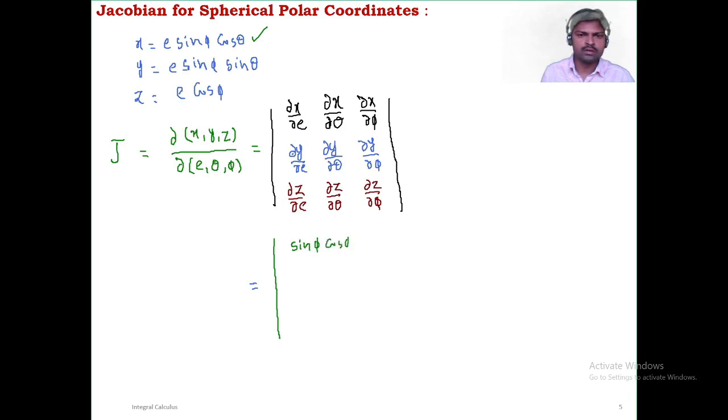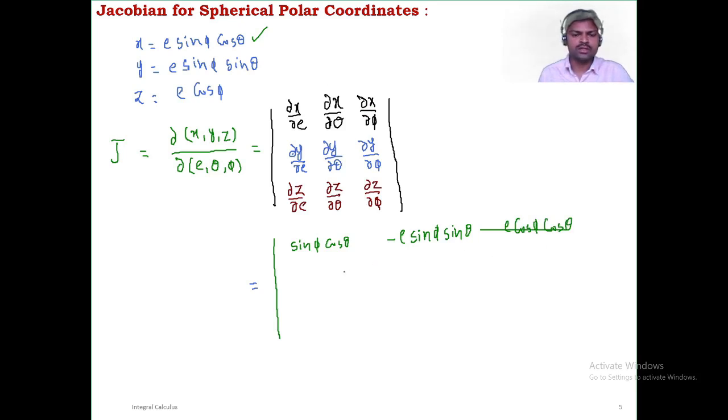Next, dou x by dou theta, with respect to theta, it will be minus rho sin pi sin theta. The derivative of cos is minus sin theta, so that minus is adjusted here. Next, the 1 comma 3 entry, dou x by dou pi. With respect to pi, it is rho sin pi, derivative cos pi, so rho cos pi, and cos theta as it is.